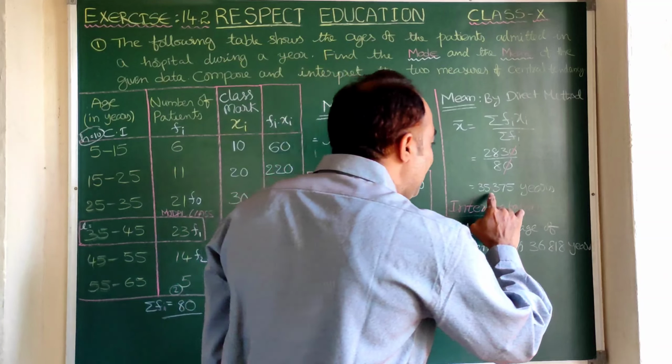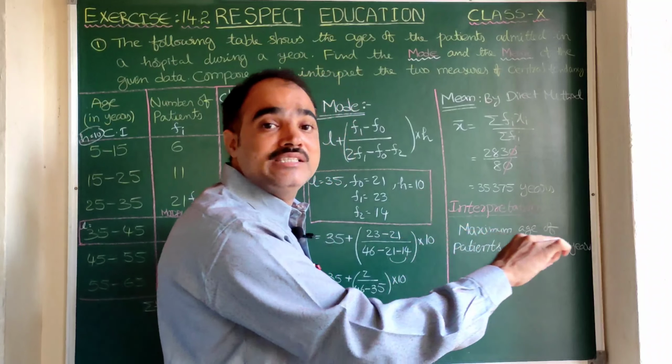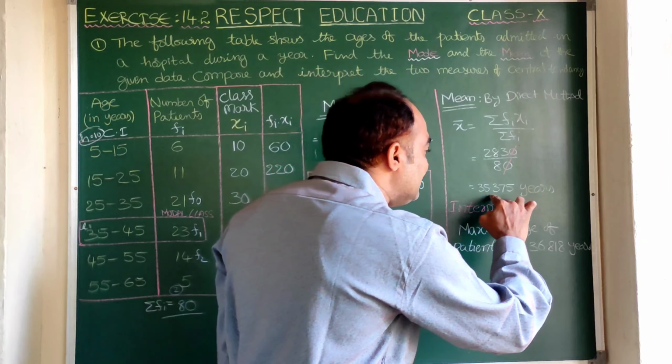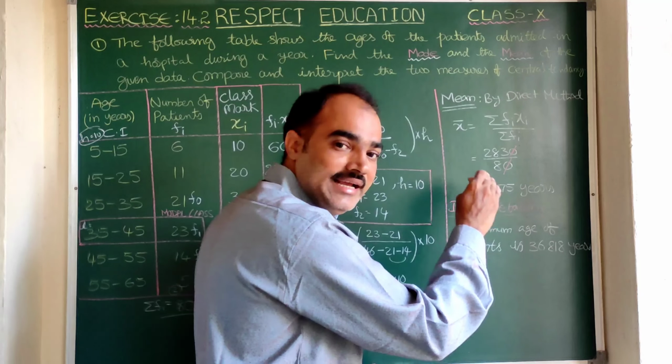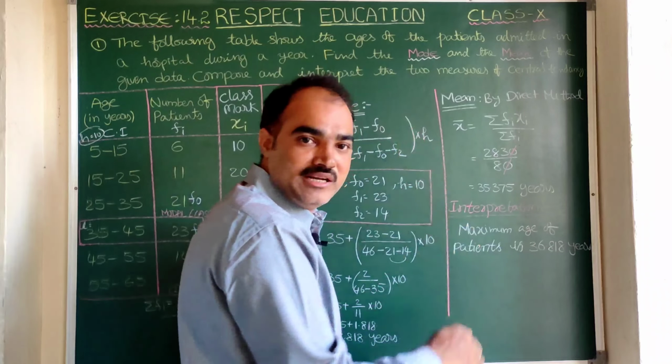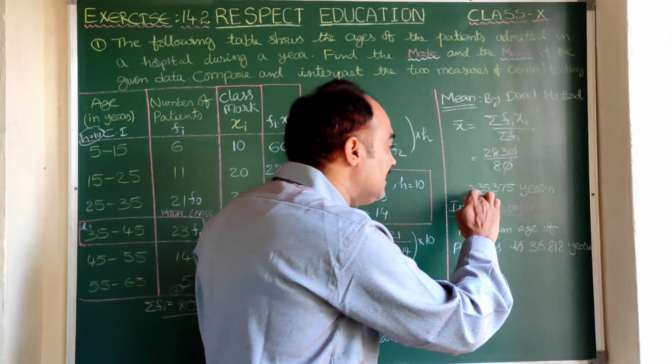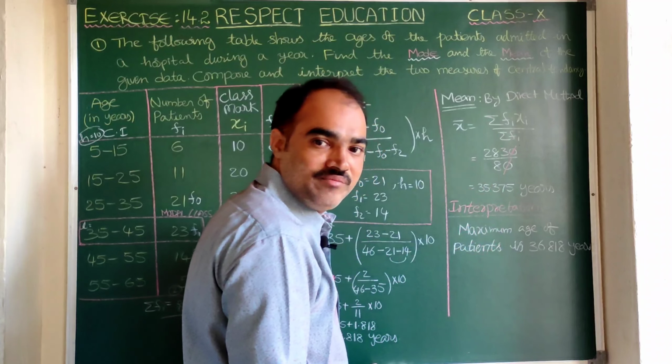And here the mean value will give the average age of the patients. Is it clear? So on average, patients of this age group have joined the hospital. Or we can say the average age group of the patients is 35.375 years. Is it clear?